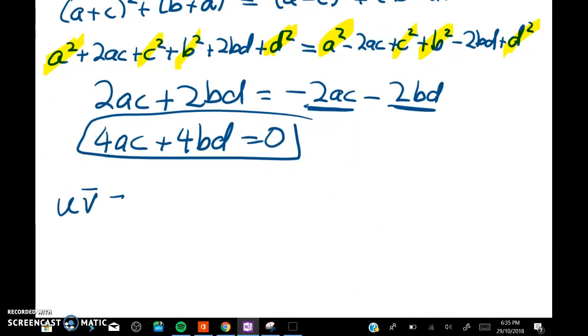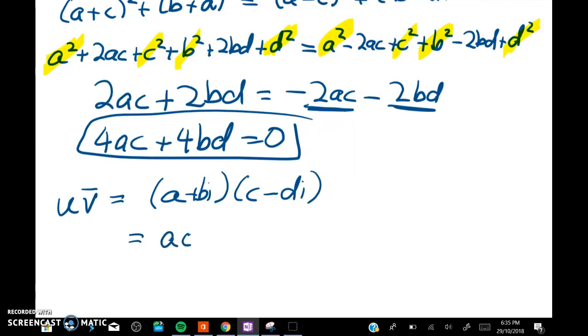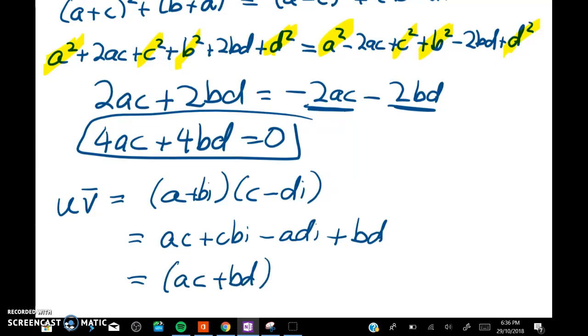So u times v conjugate is equal to a plus bi times c minus di. That equals ac plus cbi and so on. Right, and it's going to be plus bd for that last bit. So that equals ac plus bd plus cb minus ad i.